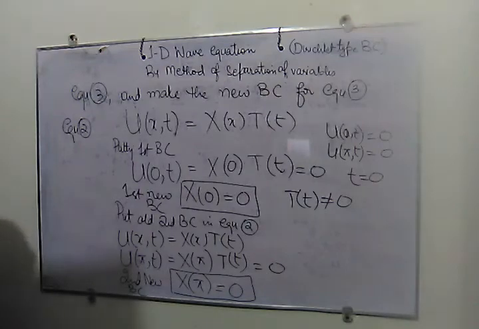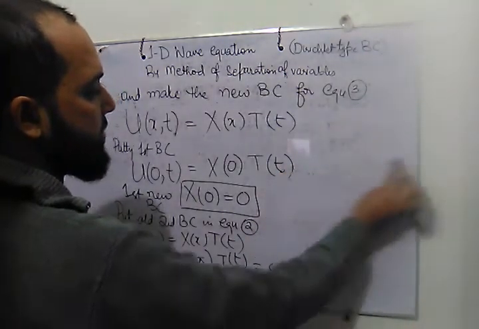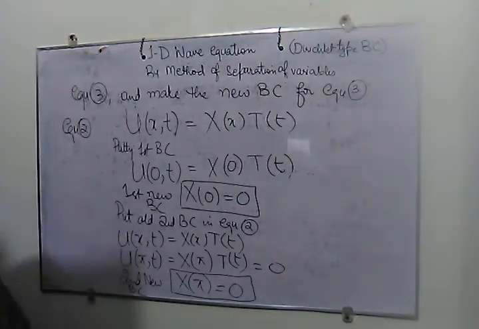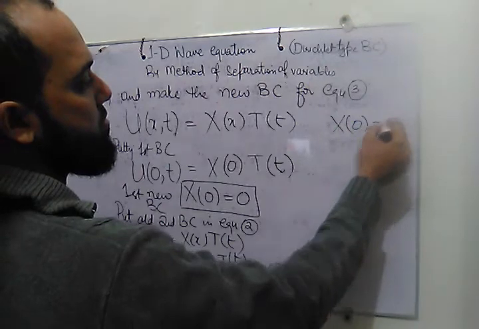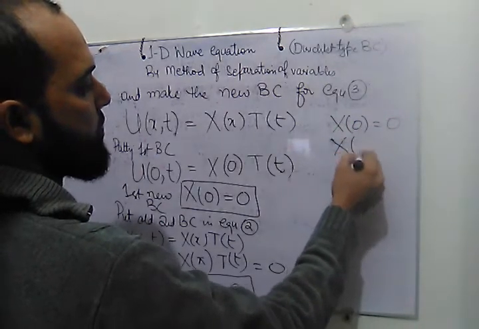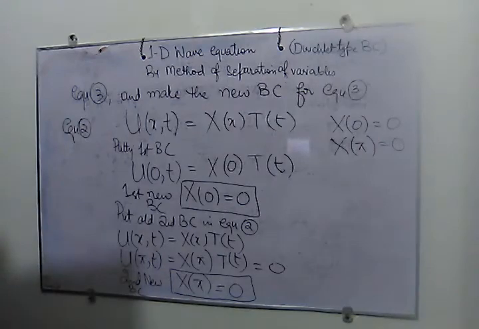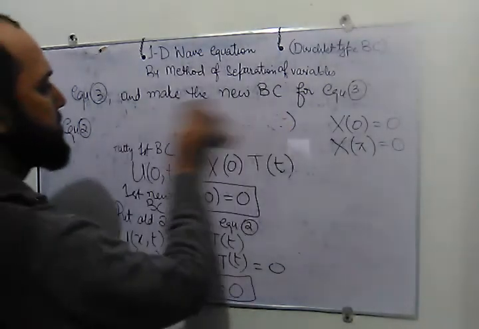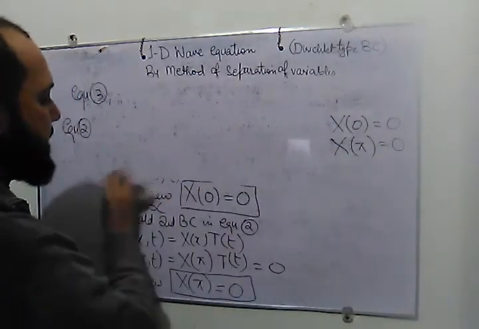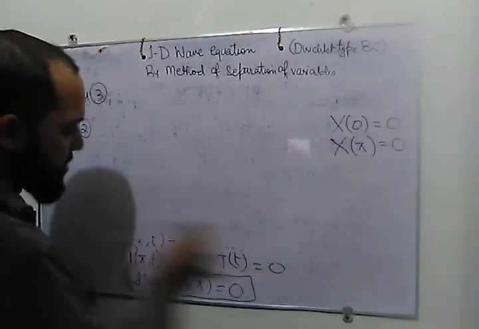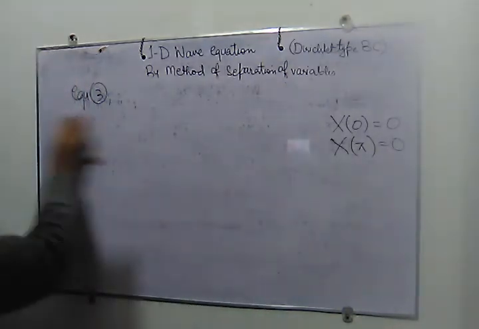Now we are able to solve equation number 3, which is a second order homogeneous linear differential equation. I write the boundary conditions here: X(0) is equal to 0 and X(pi) is equal to 0. And now we can start solving equation 3 for 3 cases of lambda, which are lambda equal to 0, lambda greater than 0 and lambda less than 0.